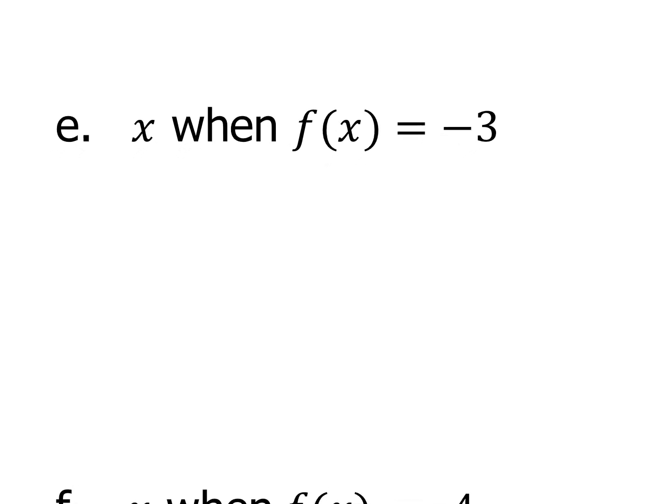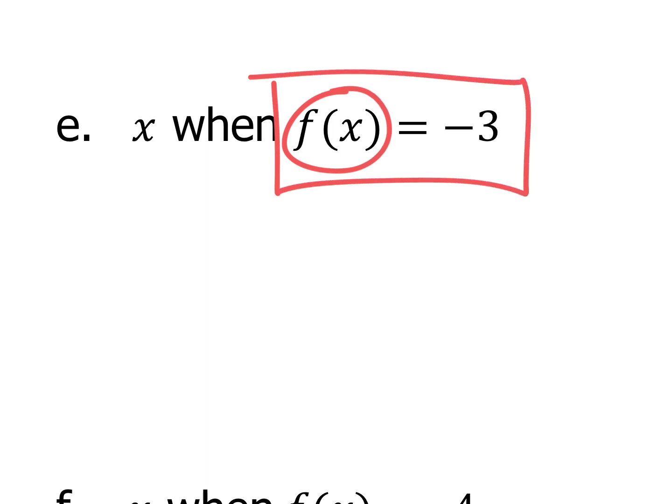Would you agree that f of X is not the same as X? Yeah. And if it's not X, what is it? There's only one other choice. That's Y. So they just told you Y is -3. By saying this, they said, hey, Y is -3. And that begs the question, what's X?